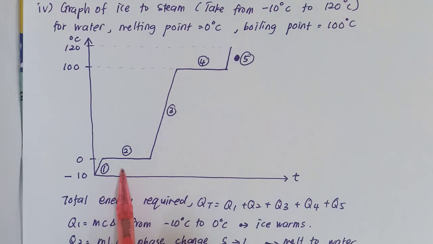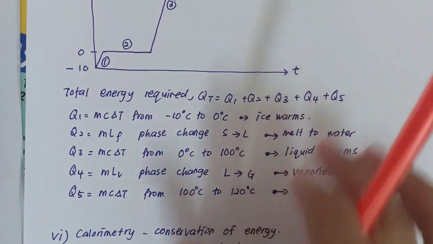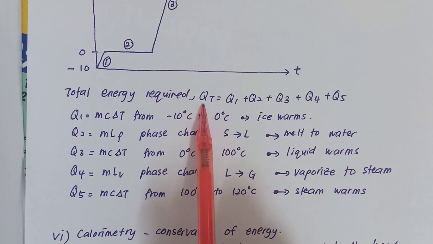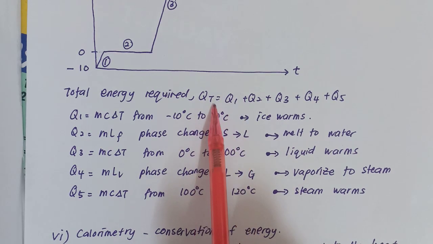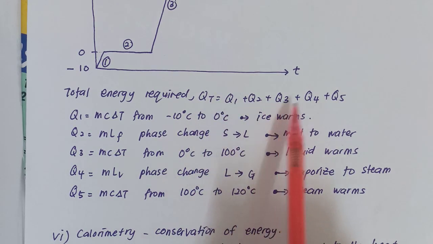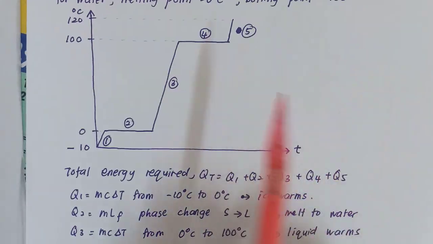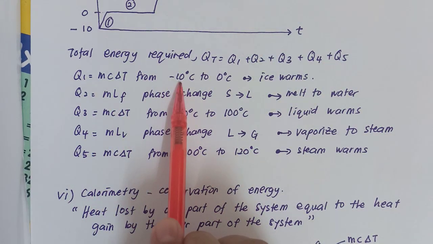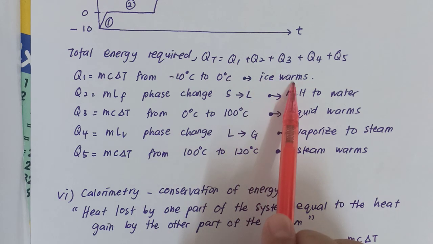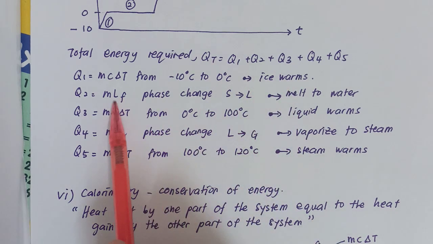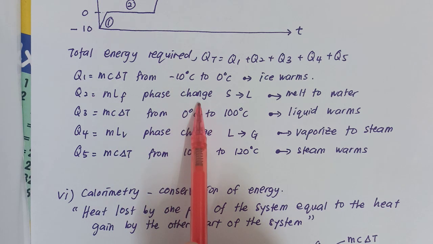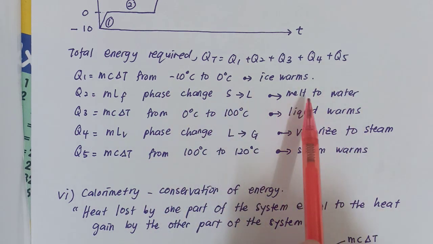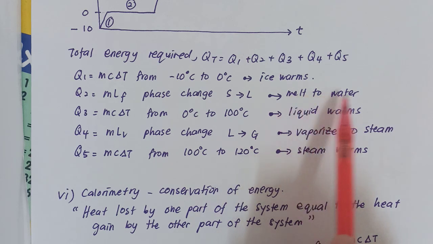Okay, so look at this carefully again. The total energy required is QT. This is the total; Q1, Q2, Q3, Q4, Q5 refer to each stage. One by one: Q1 is the change from -10 degrees Celsius to 0, where the ice warms. Then we follow with mLf, the change of phase from solid to liquid, where the ice melts to water.